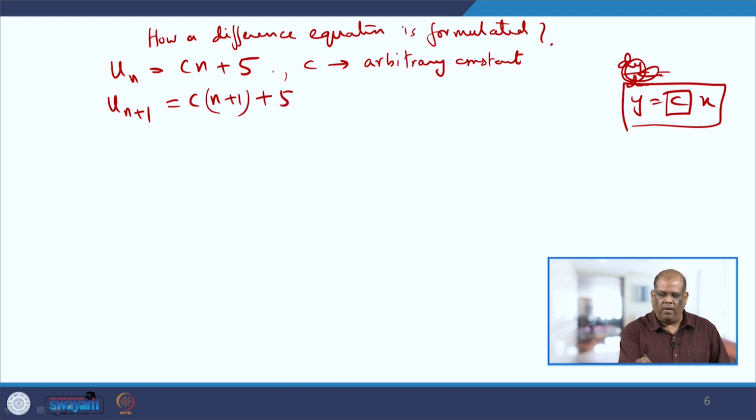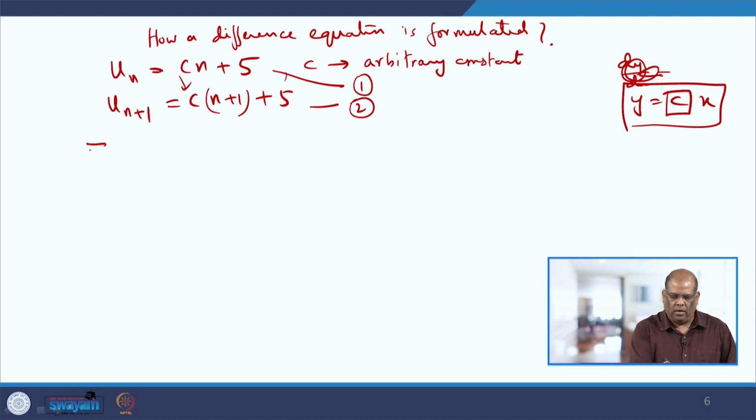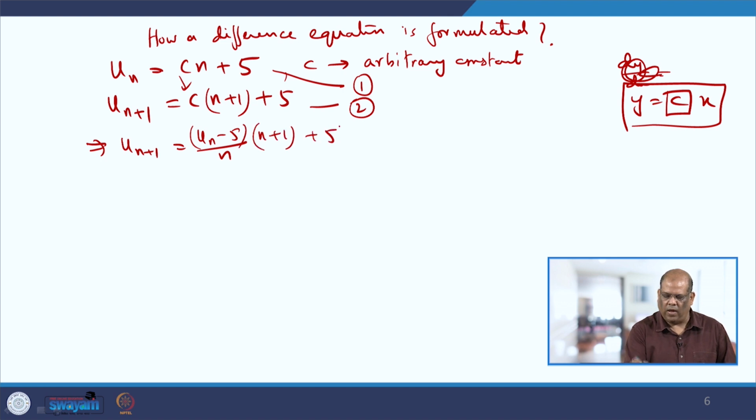So, now you eliminate C from equation 1 and equation 2. You calculate C and substitute it here. That will give you u n plus 1, where C is u n minus 5 divided by n, into n plus 1 plus 5. You simplify this a little.